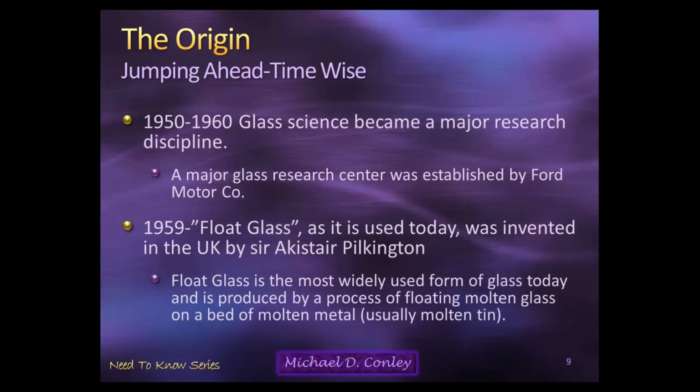A major glass research center was established by Ford Motor Company because of the glass they use in the windshield and side windows. 1959, float glass, as it is used today, was invented in the United Kingdom by Sir Alistair Pilkington. Float glass is the most widely used form of glass today and is produced by a process of floating molten glass on a bed of molten metal. Usually that metal is tin.